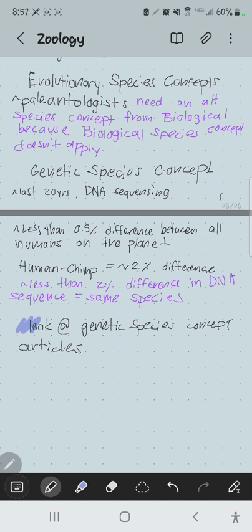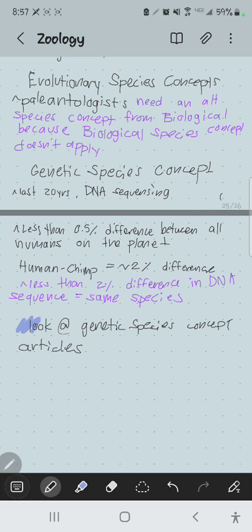The 2% was a target they were testing, but the problem was that in these rodents, populations could have as high as an 11% difference and still interbreed and produce fertile offspring.